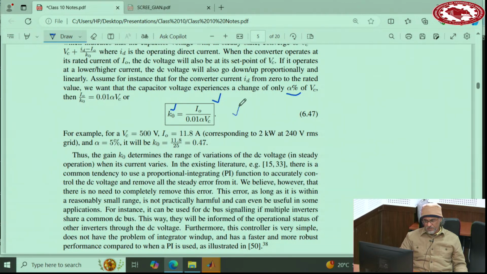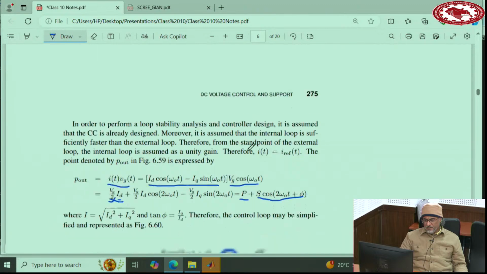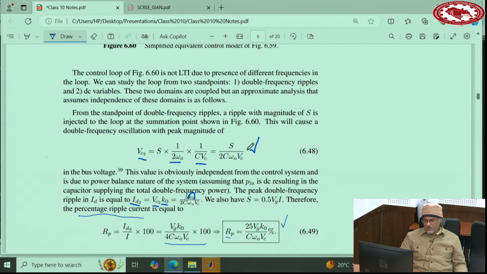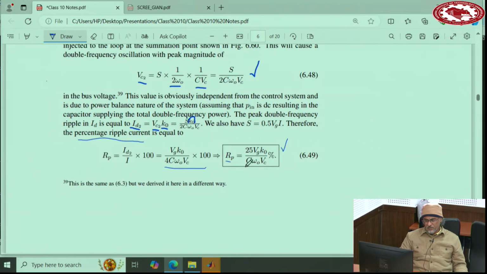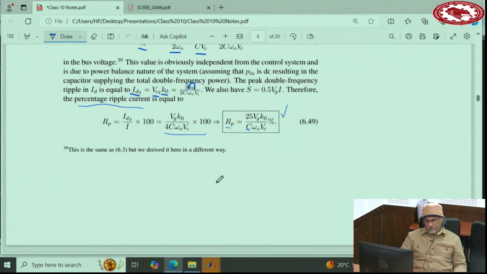So you find K0 here, and C from this equation. So basically, I looked at the problem as the parameters that we want to design are K0 and the capacitance. In other words, this algorithm tells you how much is the minimum capacitance that you need in order to satisfy this amount of ripples.